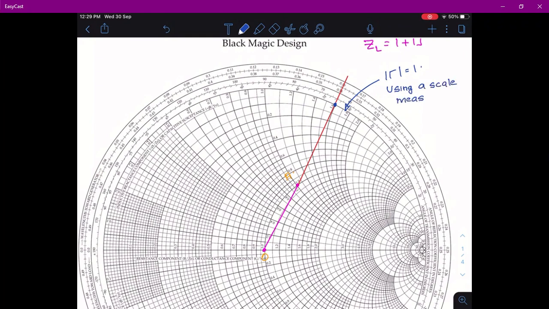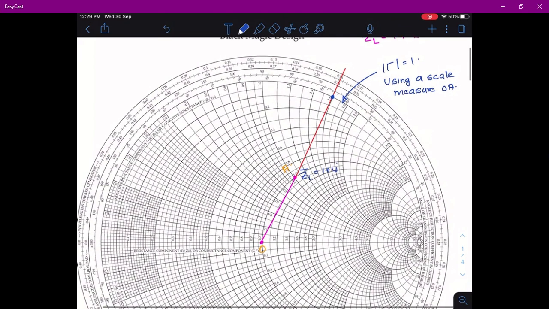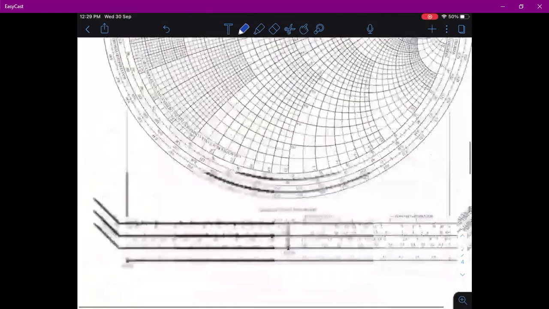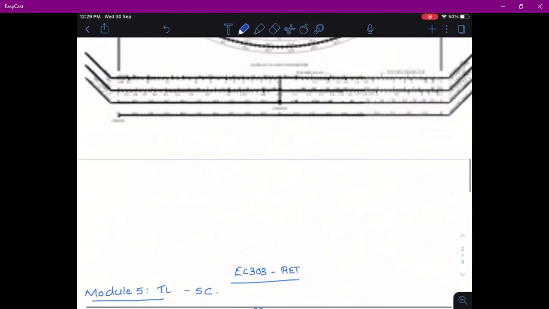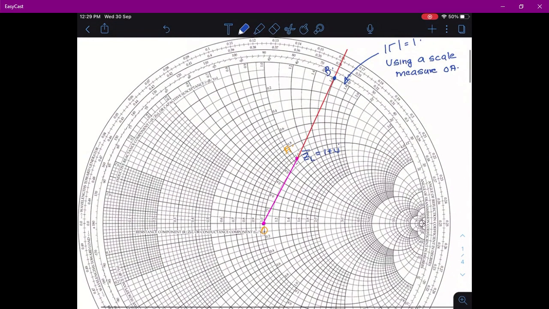Using a scale, measure OA. Assume that the impedance here is ZL bar equal to 1 plus 1j. Let this point be B. Measure OA and OB.